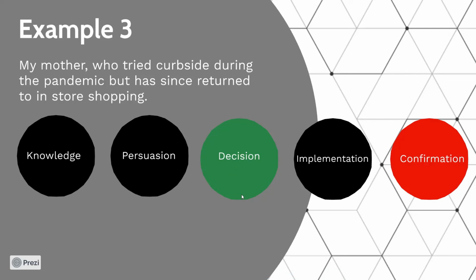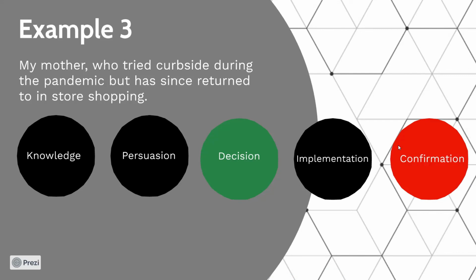Here's where time makes a difference because we moved that decision up. The shift is during the implementation step when she was using curbside grocery and evaluating its costs and benefits to her life, the pandemic eased. And her decision in step 5, confirmation, discontinued use. Here's why. A new Trader Joe's opened up down the street, and she decided to discontinue use because of a replacement.